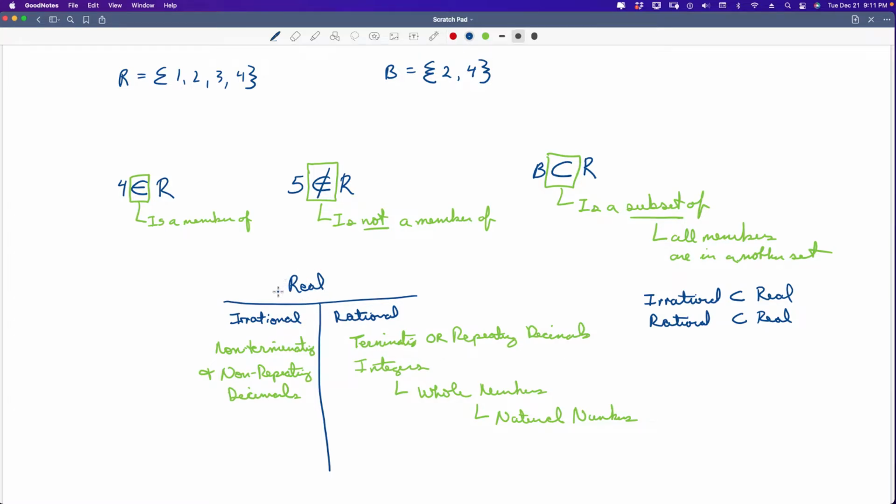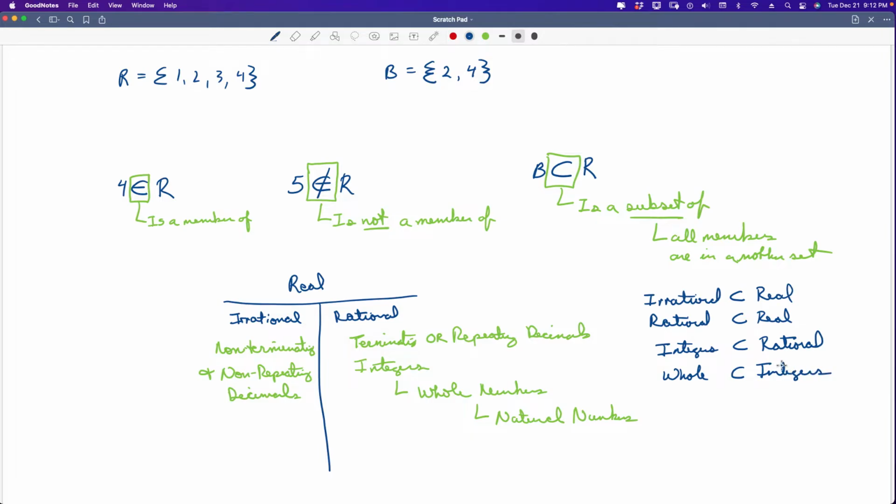Real includes both of them. Now, let's just skip to integers. Integers are a subset of rational numbers. Then we could say that whole numbers are a subset of integers.